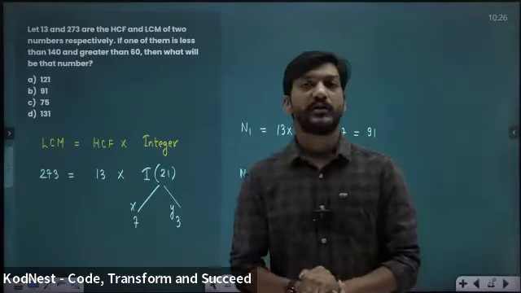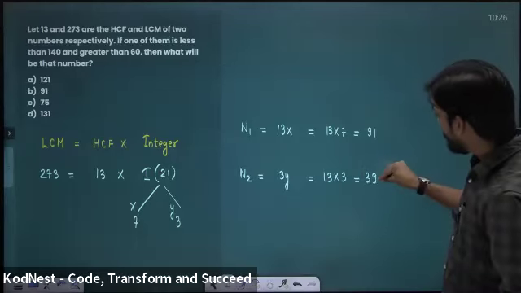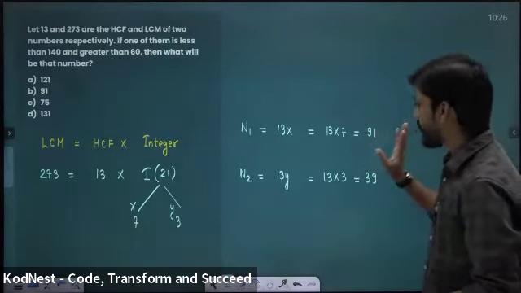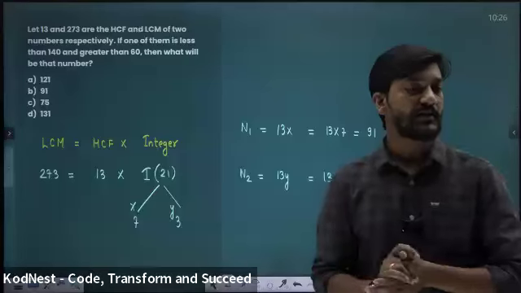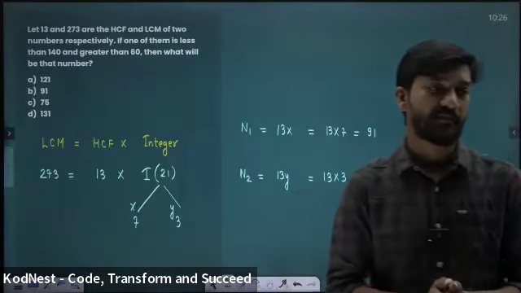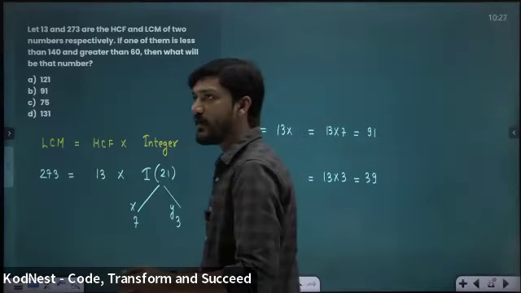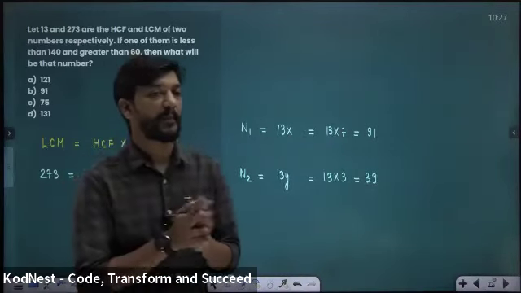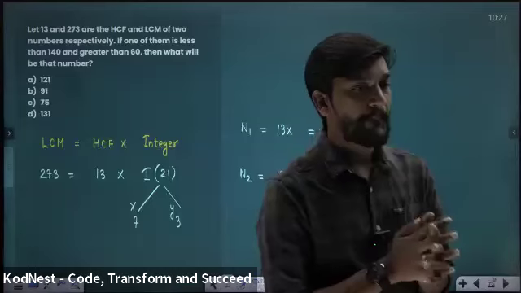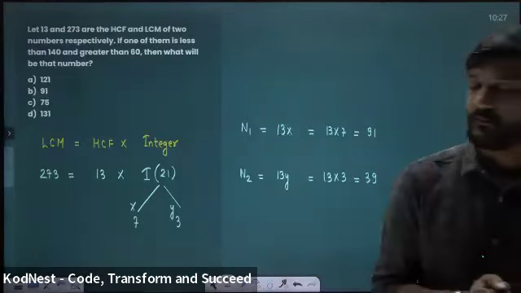Now maybe the question is asking both of them, maybe this one or maybe this one. We have to see. So please answer: what value is the question asking, N1, N2 or both? How did 21 come?